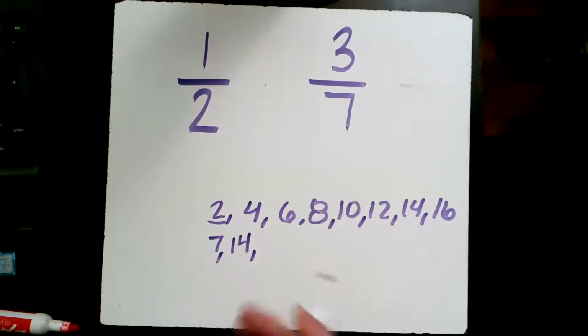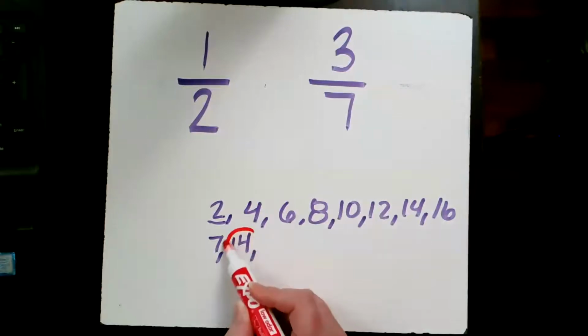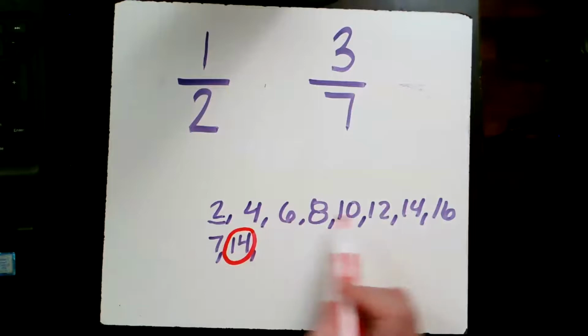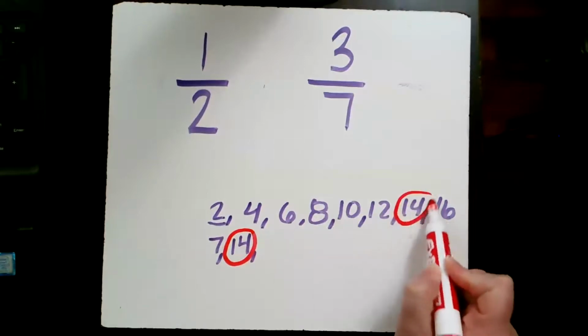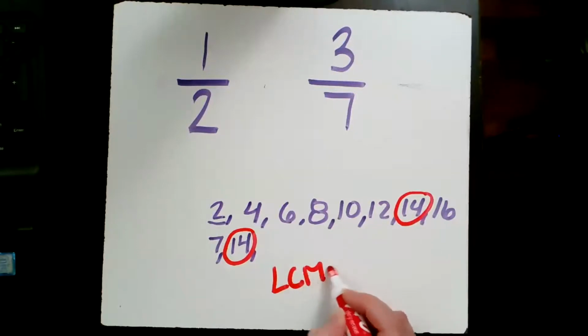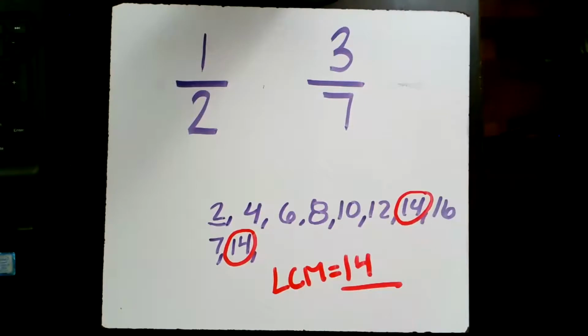Oh, I can stop. I don't need to continue because I see that 7 has a multiple of 14 and 2 has a multiple of 14. So that means that my LCM is going to be 14. My least common multiple between 2 and 7 is going to be 14.